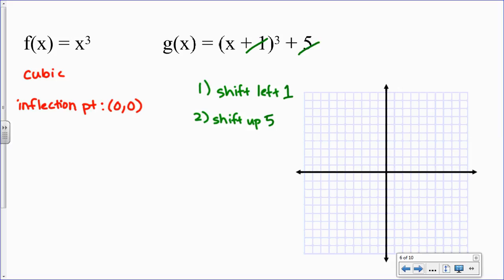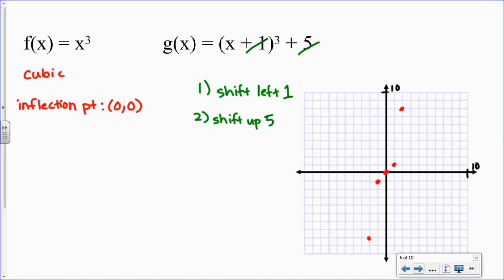So I'm going to graph that, and I'm going to graph the parent function first, at least plot the points of the parent function. Okay, I'm just going to plot those points, and then I'm going to use the transformations in order with each point.